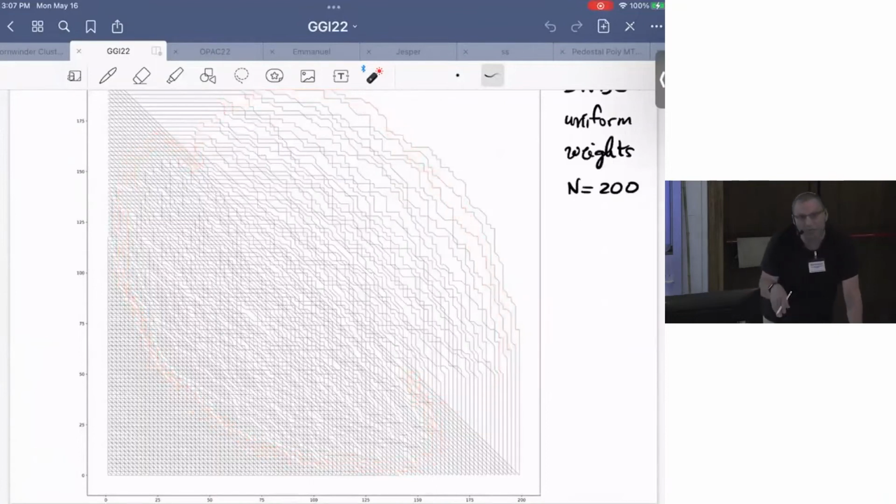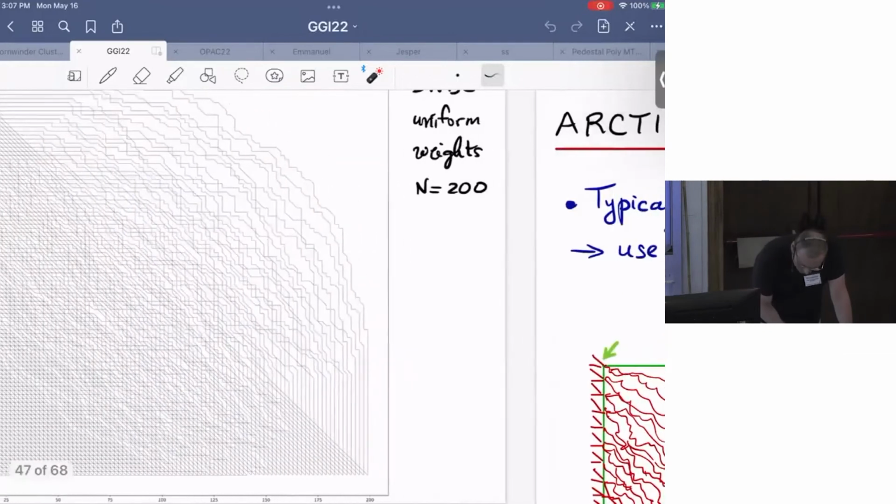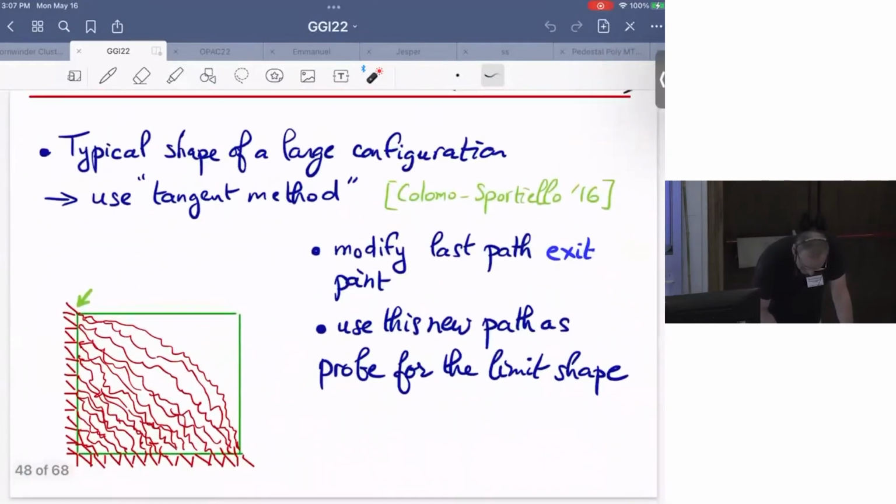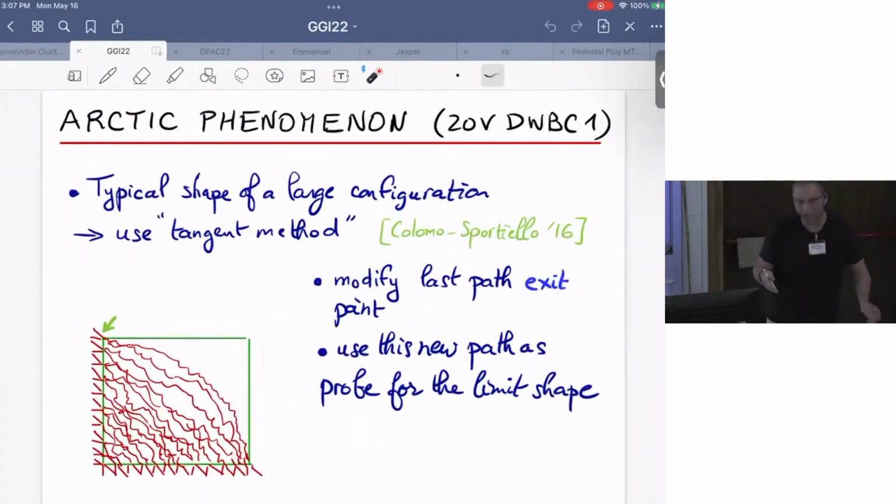Like a coffee bean, which would be very adapted also for Florence. So this is just the illustration of a more general thing, which is this Arctic phenomenon, which seems to always appear when you constrain the boundary conditions sufficiently that the model becomes interesting, right? So this domain wall always carries such phenomena with it.